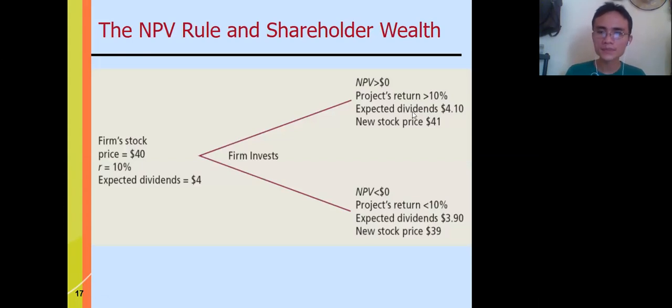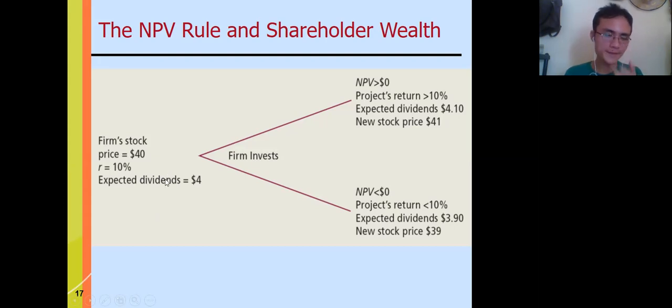All right. So this is the NPV rule and shareholder wealth. If we are going to think of this, the price is $40. The rate of return is 10%. The expected dividend is $4, because remember, the dividends that would be received by the shareholders would depend upon the price of the stock.